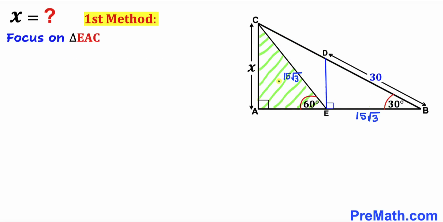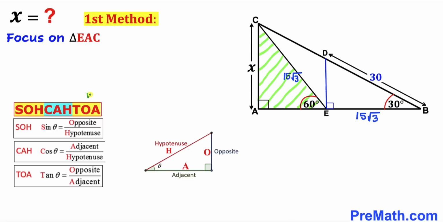Now let's focus on this right triangle EAC. Let's recall SOHCAHTOA, and we are interested in sine of 60 degrees equal to opposite over hypotenuse. In our case, side length AC is our opposite side, and EC is our hypotenuse.